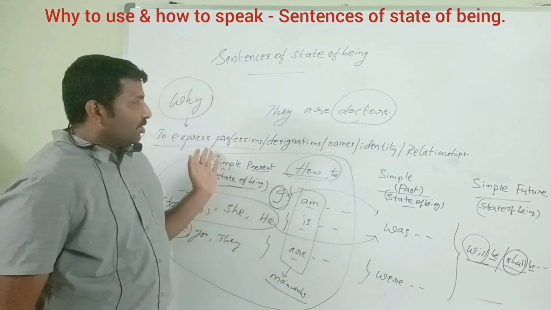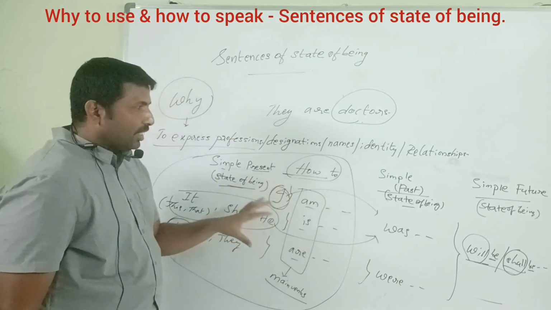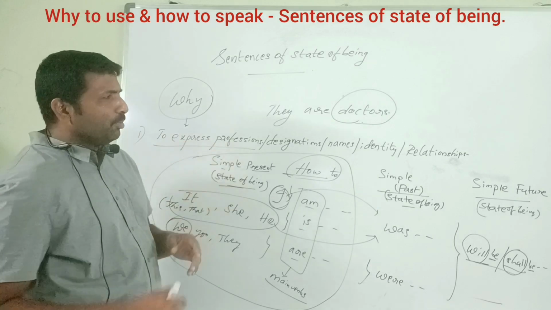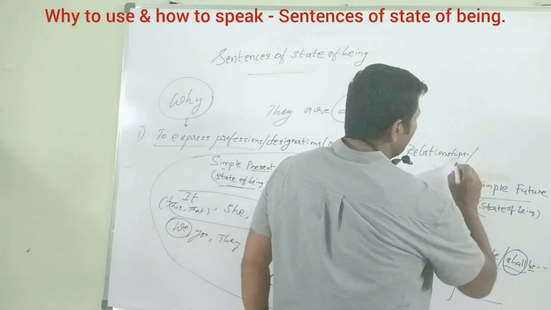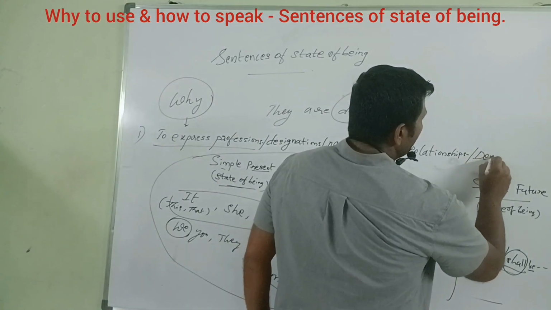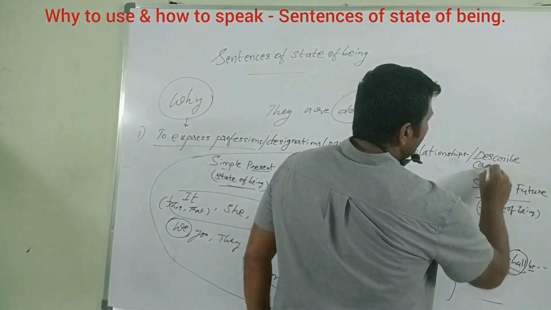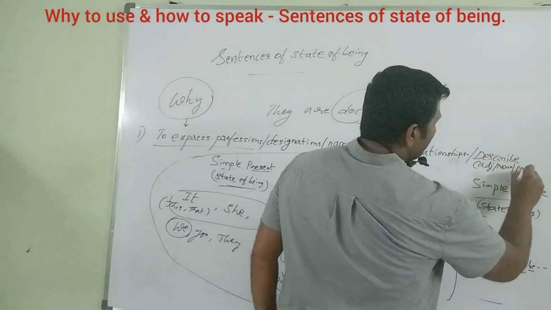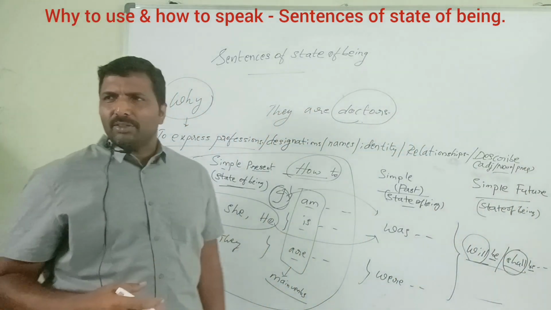To express all these things, there are some more reasons to use these structures. Right now, these are very familiar. Sometimes even to describe relationships, we describe with adjectives, otherwise nouns, otherwise with some prepositions. Sometimes we describe the subject.